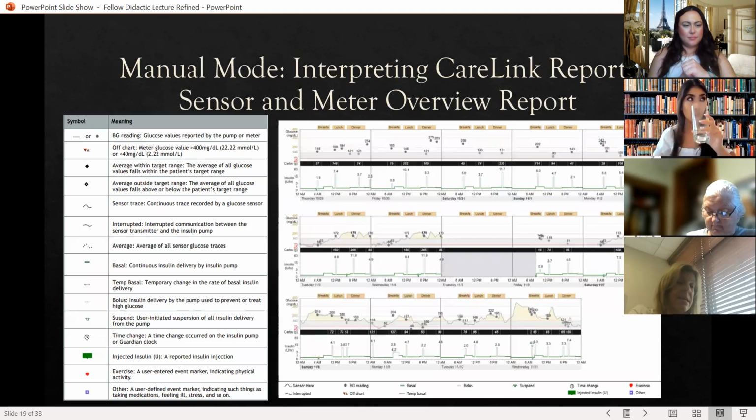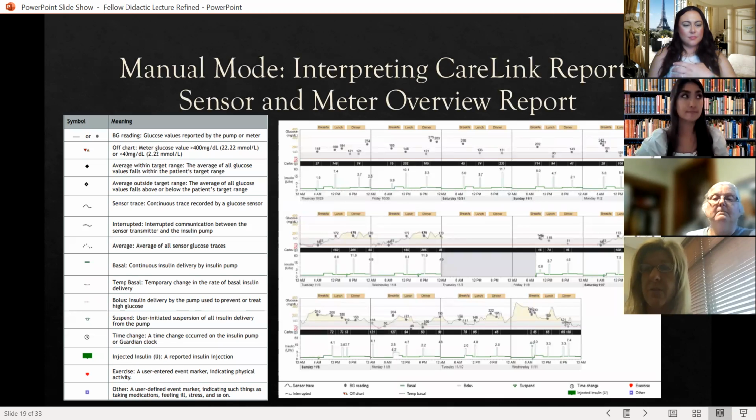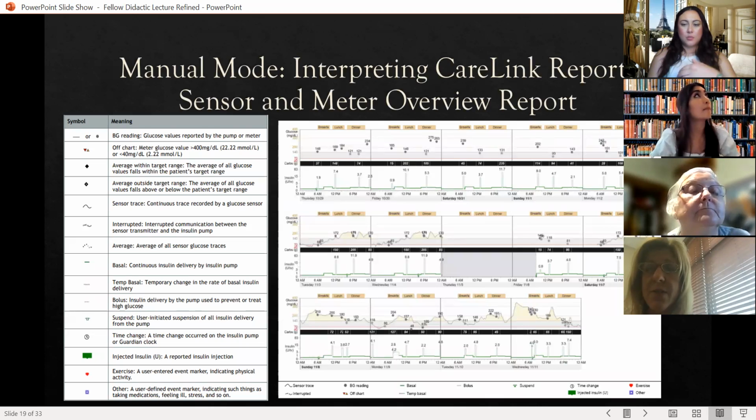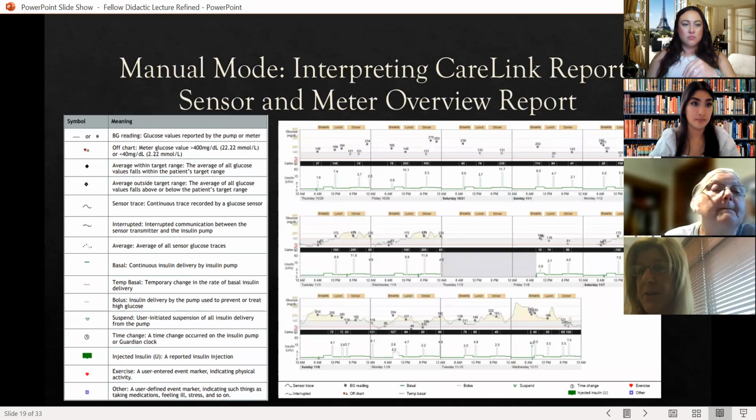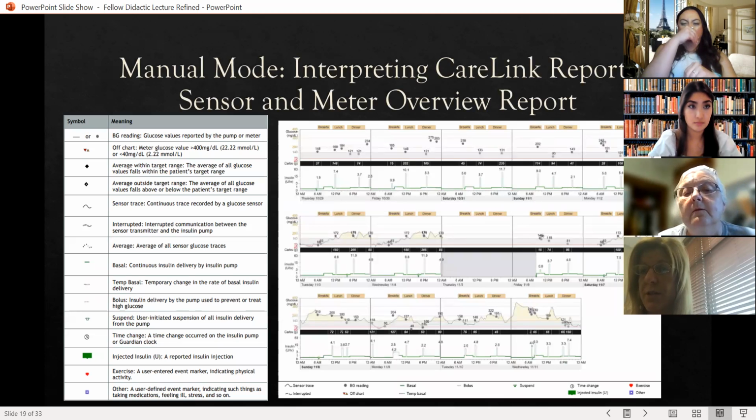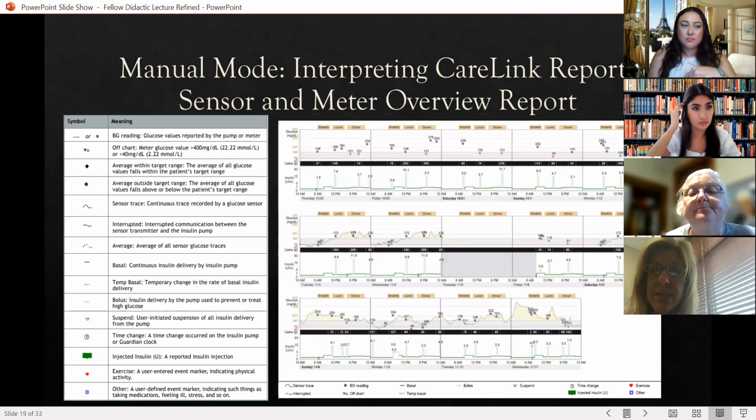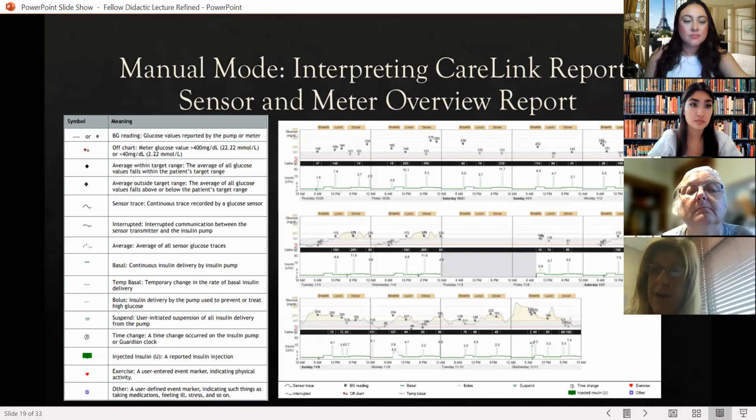So you can see here, this is just one of Medtronic's CareLink reports. On the right-hand side, it probably looks like French to a lot of people. And it's like, what are all these lines? But the nice part is that when you look at these lines, there's always a symbol and graphs that tell us what everything means.